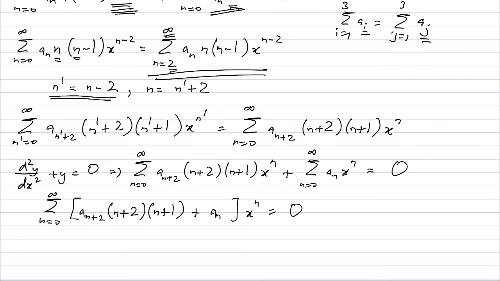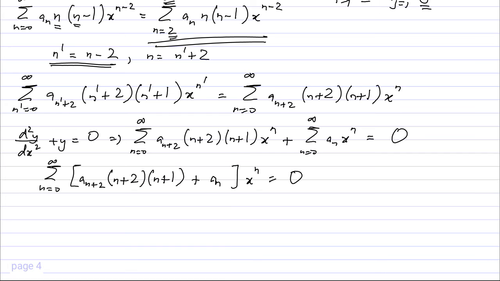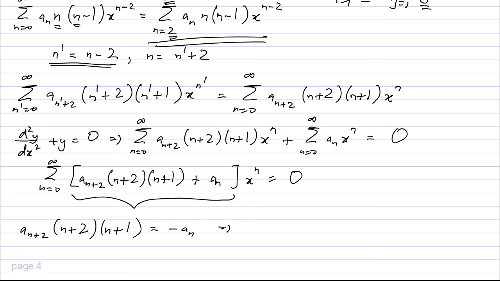Since this equation has to hold true for every x, the only way that this can hold true is if this thing in the square brackets is equal to 0. So immediately write down that a_(n+2), (n+2), (n+1) is equal to minus a_n. So I have that a_(n+2) is equal to minus a_n divided by (n+1), (n+2). That's what I have.